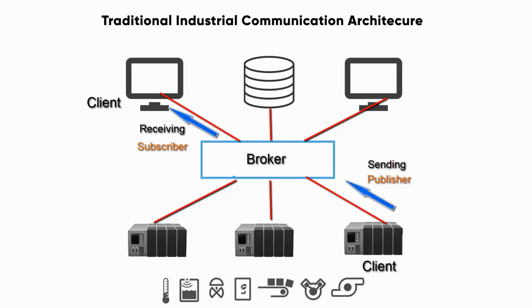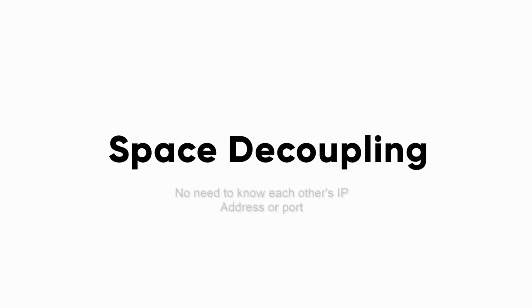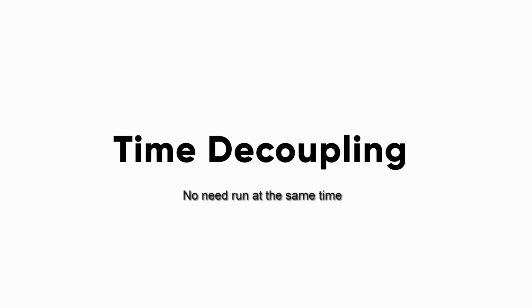In a nutshell, there are two key elements that this pattern embodies. A. The publisher and subscriber do not need to know each other's location in terms of IP addresses and port numbers. B. The publisher and subscriber do not need to run at the same time. If the subscriber is offline, it will receive the messages when it reconnects.